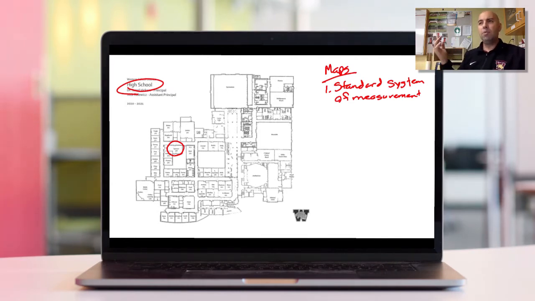Well, the problem with measuring things by steps is that not everybody's steps are the same length. What might be 10 steps for me might be 12 steps for someone else, or 8 steps for someone else. So we've got to find something else that is uniform.